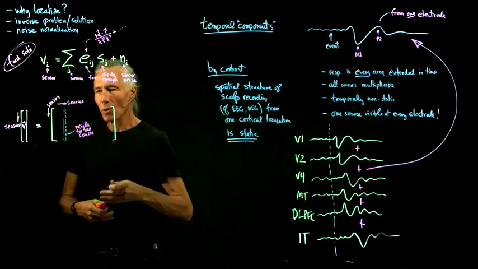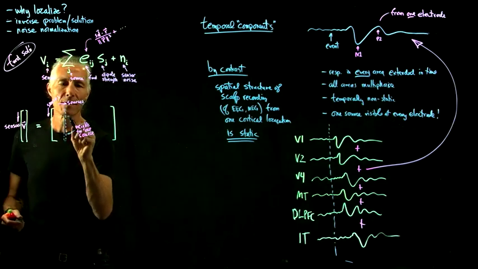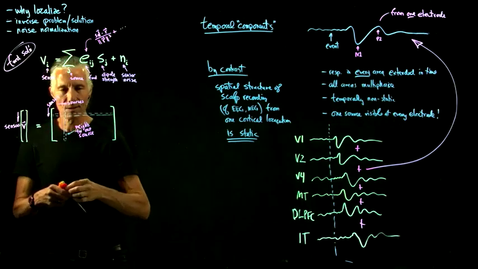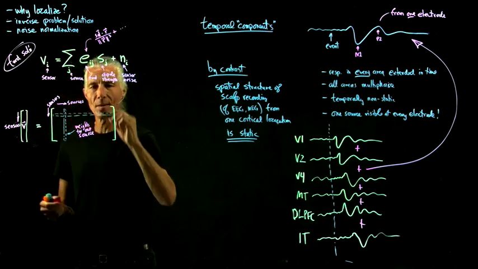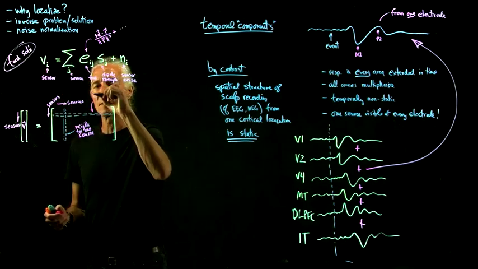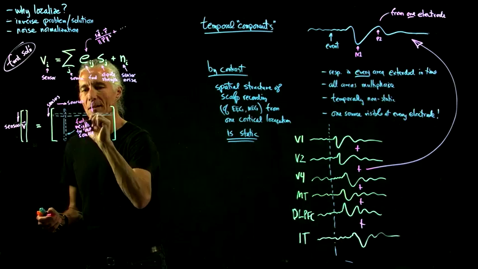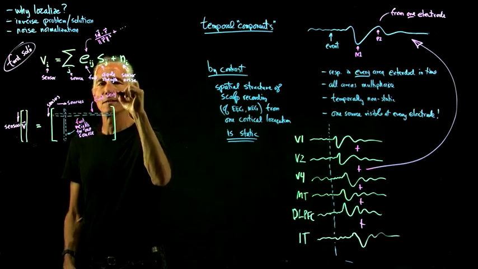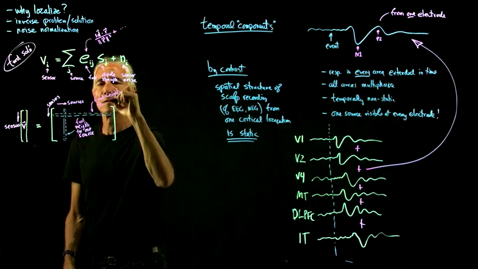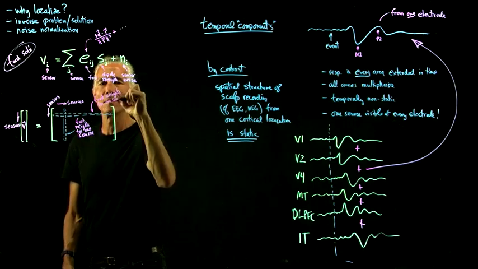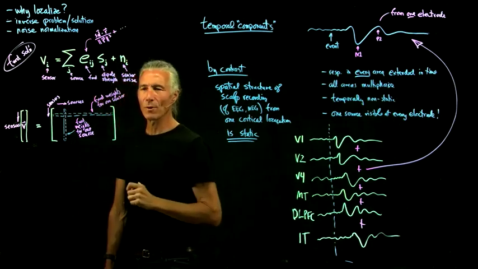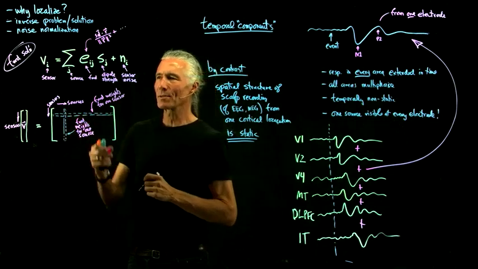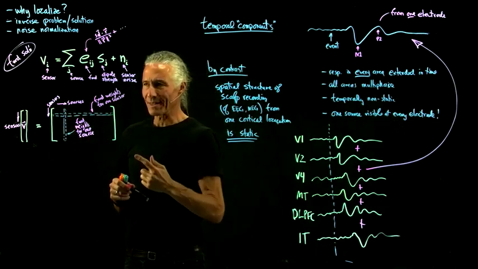And if we look at a row in this matrix, it's the forward solution weights for one sensor. There's a lot more of those because we've got 10,000 sources, and so we need 10,000 numbers going to one sensor.